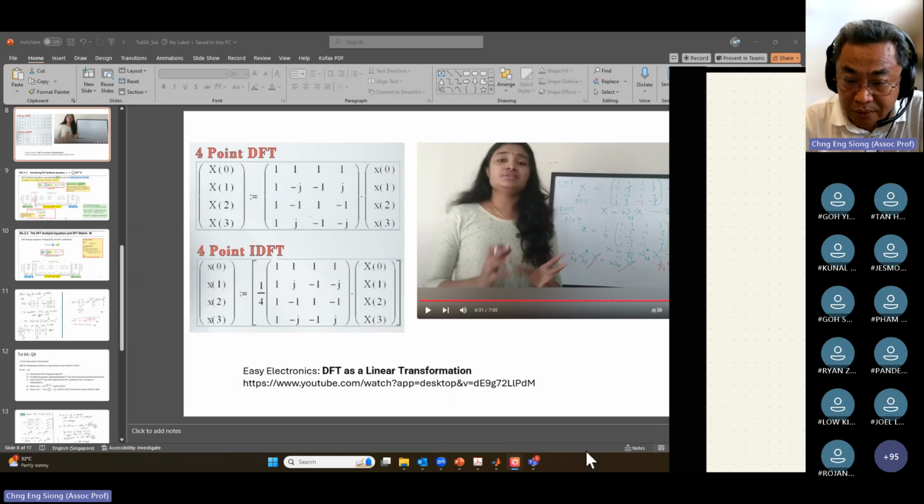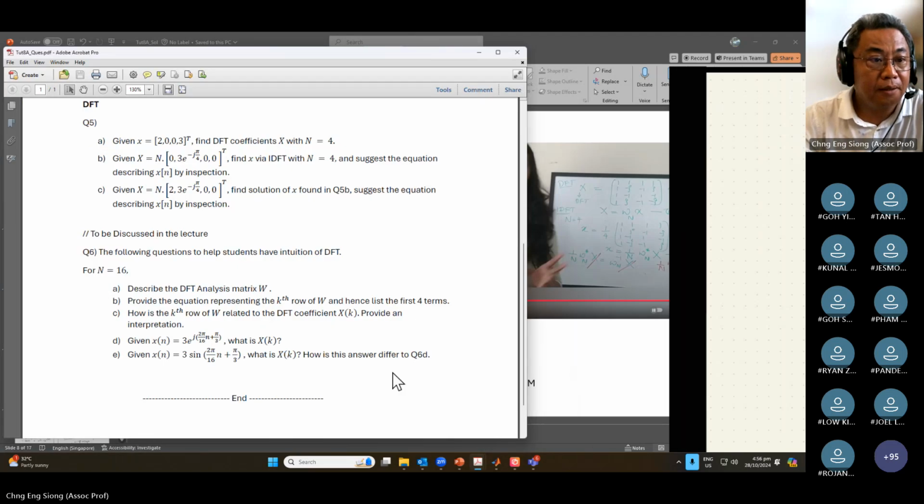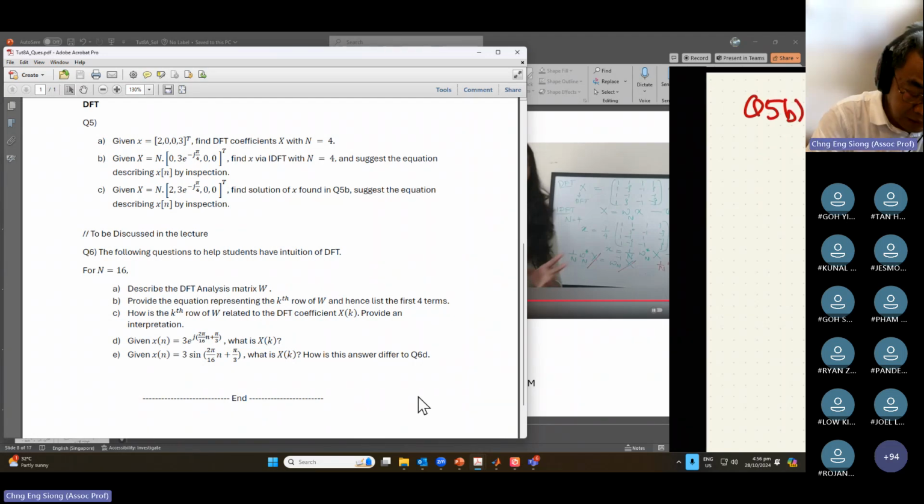Okay, so let's see the question first. In question 5b, I am given big X equals N, and I should write it as here, 0, 3e minus j pi over 4, 0, 0.